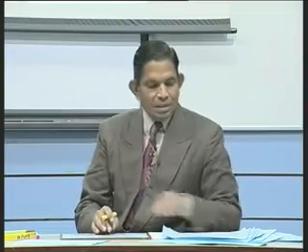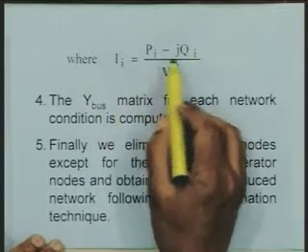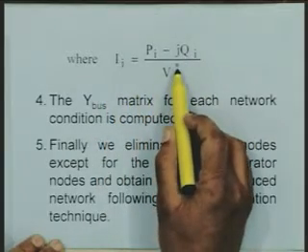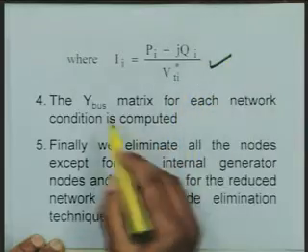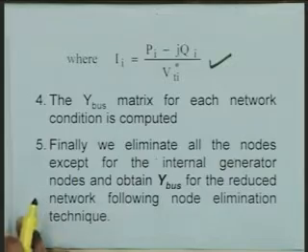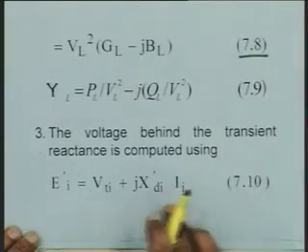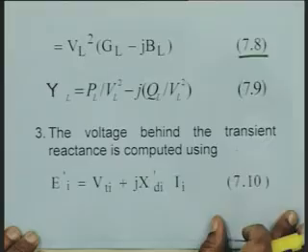while finding out this internal voltage, we will use this expression. The current injected by the generator is Pi minus J times Qi divided by Vti star. This is a very standard equation which can be used to compute the value of current, and this current is required in equation 7.10 to compute the internal voltage.